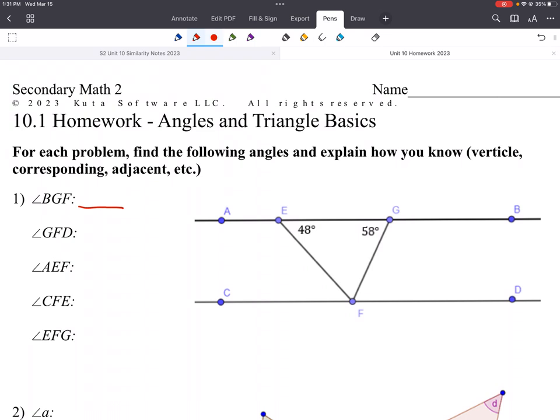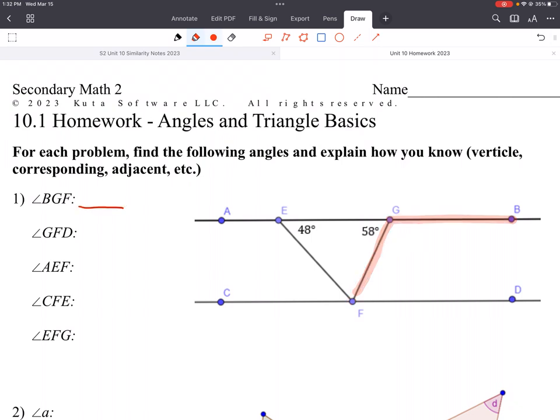So angle MGF, so I'm going to get into this highlighter, MGF, so we're trying to find this angle, and that's what we would write down over here. Okay, so just being able to read what they're saying, like the angle BGF, start with B, go to G, then to F, that makes the angle that we're looking for.